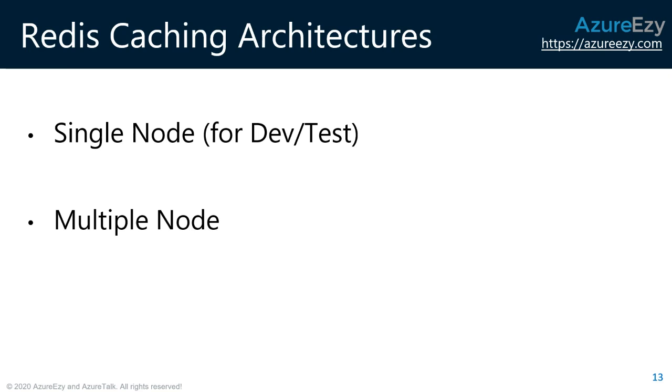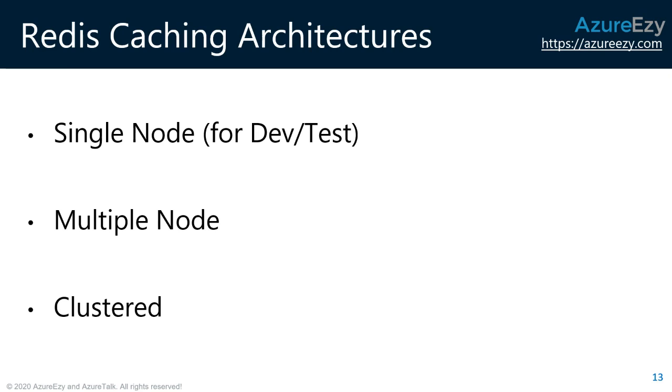Then it also has a multiple node or two node option. We suggest that if you are using Redis cache for a production environment, you should not use the single node option. You should go for the multiple node or the next one, which I'm going to discuss, the clustered option. So these are the three architectures that Redis cache uses to distribute the data to the cache.